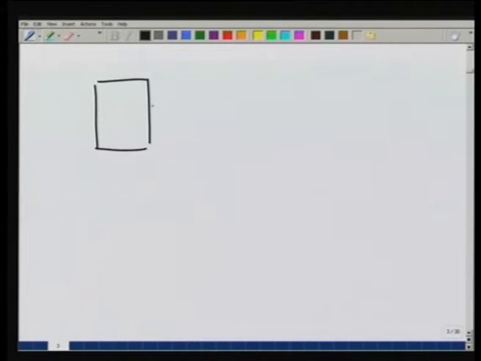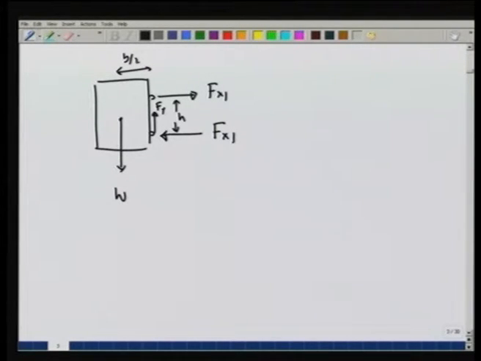Let us now look at balancing the torque. So, I have this gate, here is a force F x 1, and we have already figured out that there is a force in the opposite direction of the same amount F x 1. They are separated by distance h. Here is a force F y and here is a force W separated by distance b by 2.